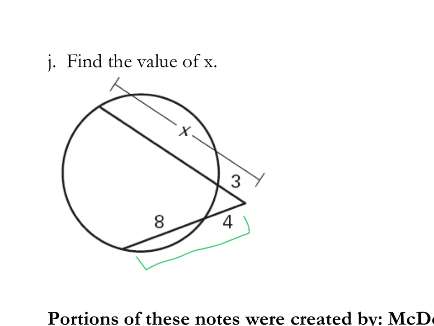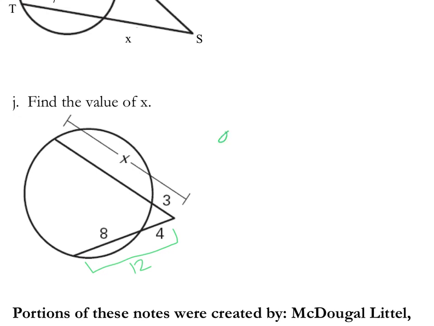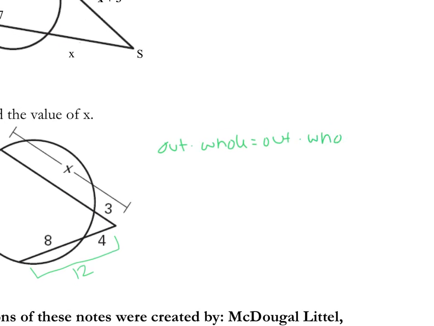And 8 plus 4 is going to be 12. So I already know my whole is x on the top. So out times whole equals out times whole. So the outer piece is 3, the whole part is x, the outer part is 4, and the whole part is 12.